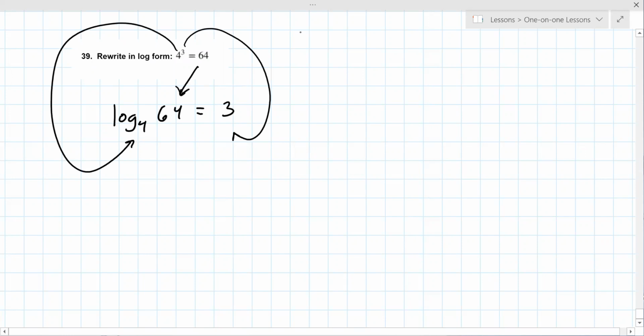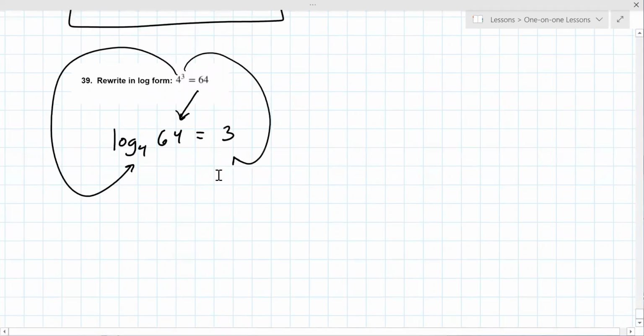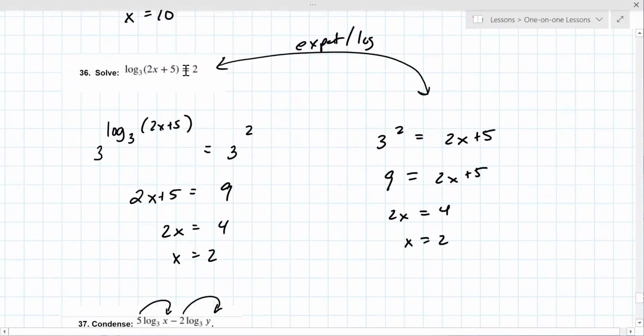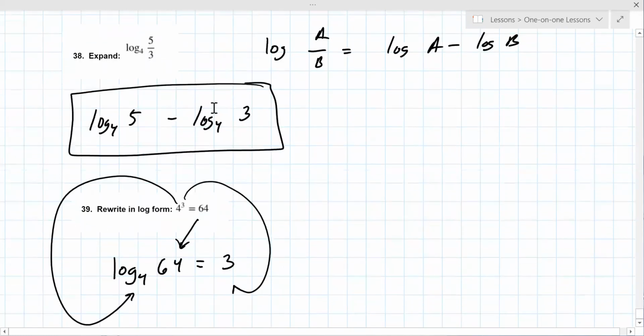Because we went the other way in a couple problems ago, if you look up here in 36, we went the other direction. All right. Number 40 is 5 cubed equals 125. Yes.